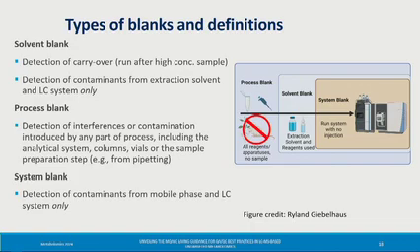Then we have the process blanks, which are used for the detection of interferences or contamination introduced by any part of the process, including the analytical system, columns, vials, or the sample preparation step, for example, from pipetting. And finally, we have the system blank, which is used for the detection of contaminants from the mobile phase, and it's for the LC system only.